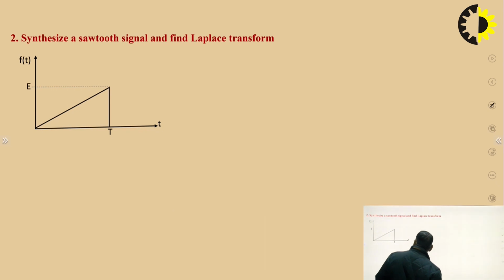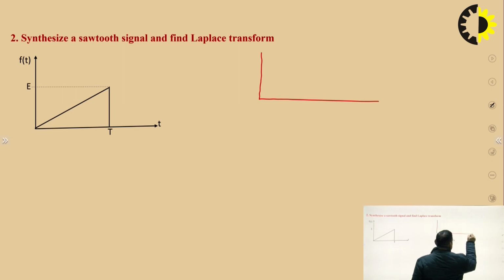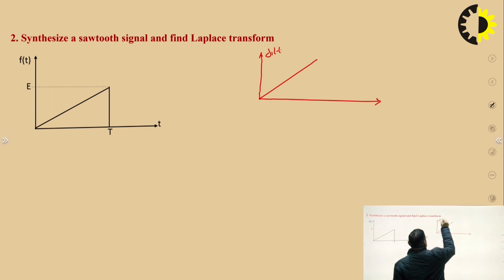Suppose we synthesize a sawtooth and find its Laplace transform. Suppose this wave shape is given. Say this is your f1(t), which is basically r(t).